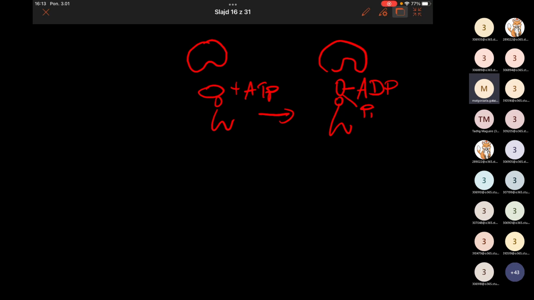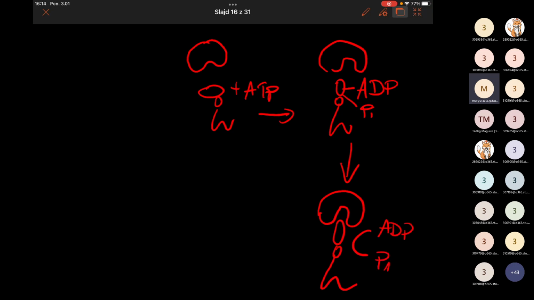within the neck region. In the next step of cross-bridge formation, the myosin binds to actin, which leads to ADP and phosphate dissociation from myosin. And next, the myosin head moves within the neck region one more time, becoming low energetic one more time.